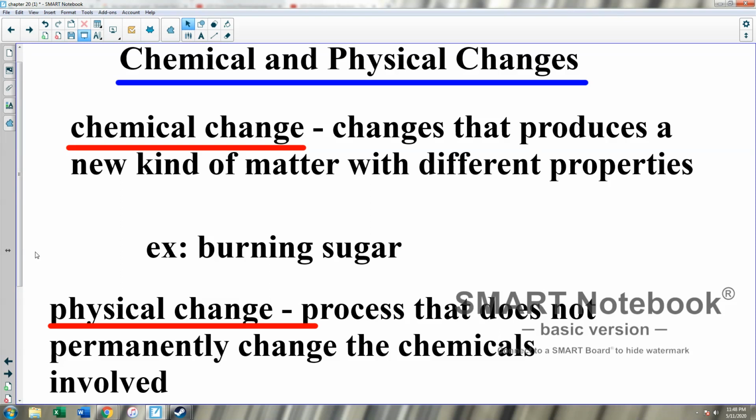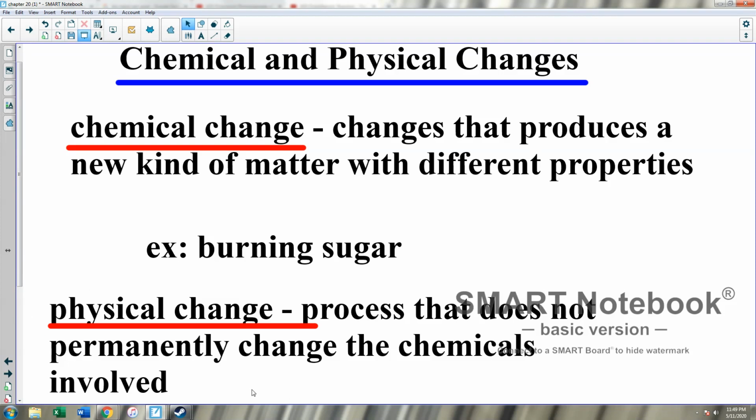Okay, if I mix salt and water, I still just have salt and water mixed together. Salt still has a lot of the same properties the water does, and I can separate them out relatively easily. If I take a piece of glass and I break it, that's not a chemical change either, because the glass would still be glass. Okay, so those are all physical changes, is what I'm describing.